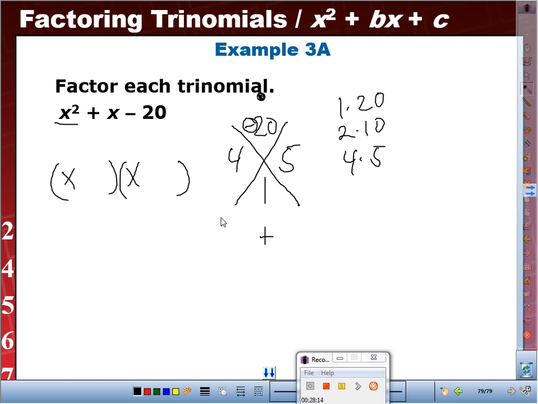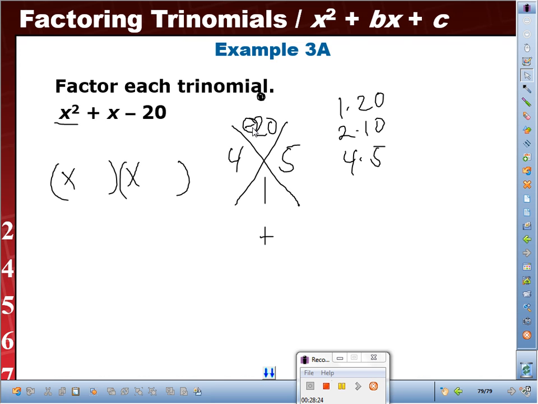Okay, hold on. Stop yelling out answers. Here he goes. Let me show you how to be sure. When this is a negative and this is a positive, that means one of these two has to be a negative, right? The way we know what number is which, this number is going to tell us the sign of the big number. Which is the big number?